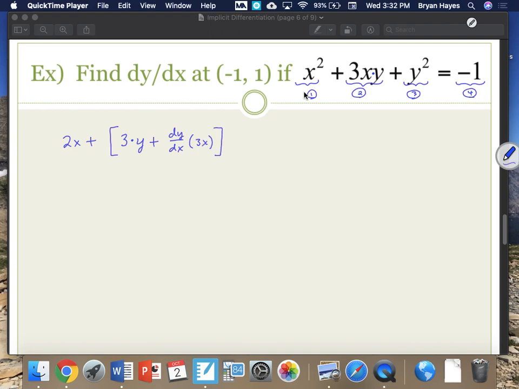There's my product rule between 3x and y. Derivative of first times the second plus derivative of second times the first. Derivative of y just being dy dx. Let's see, plus derivative of y squared is 2y dy dx, we derived a term that was a y term, and that's going to equal 0.